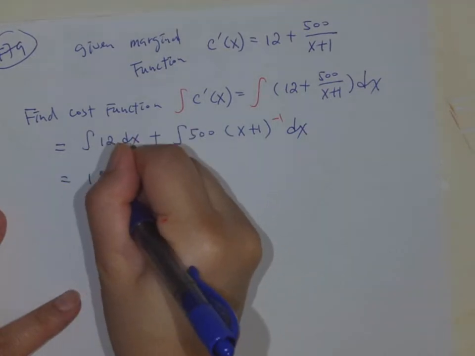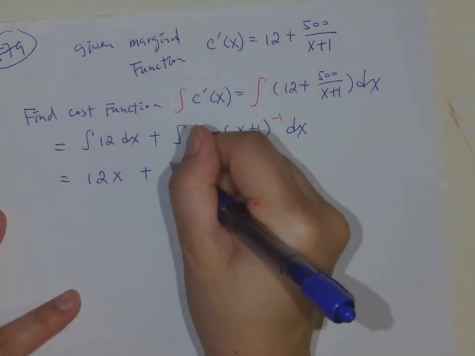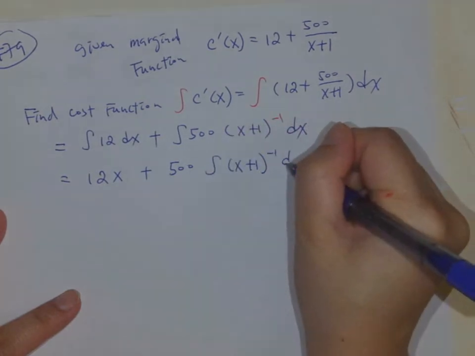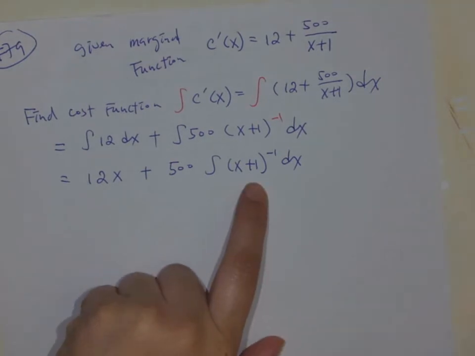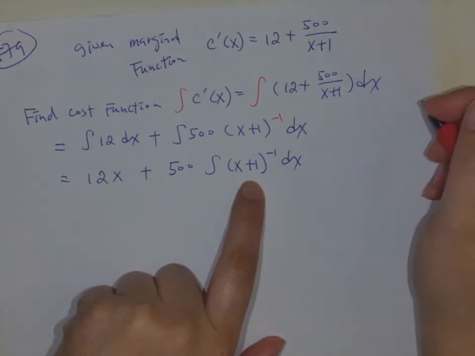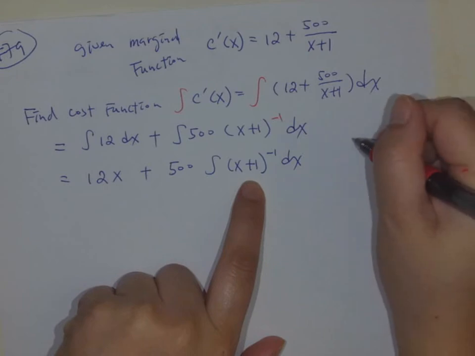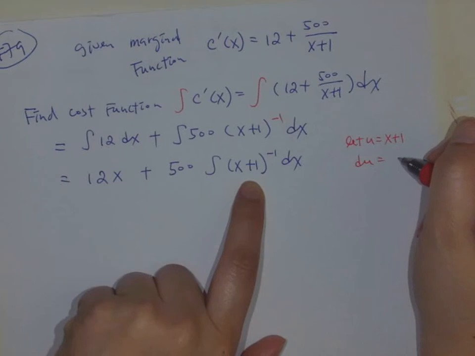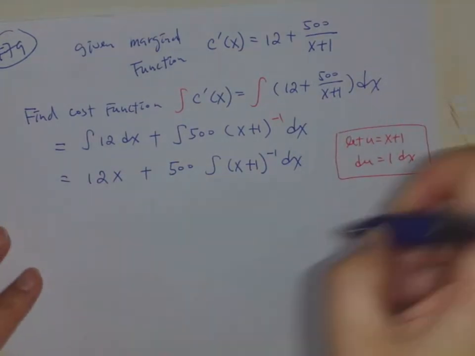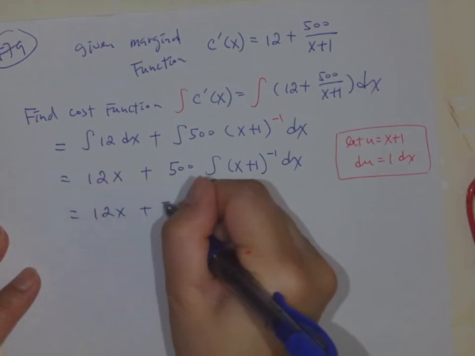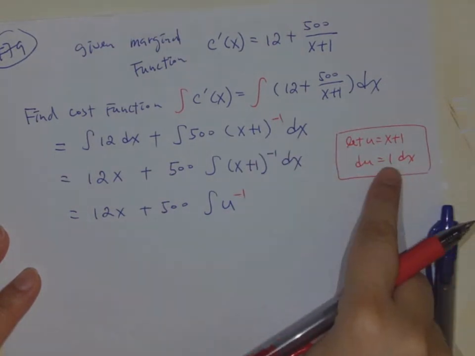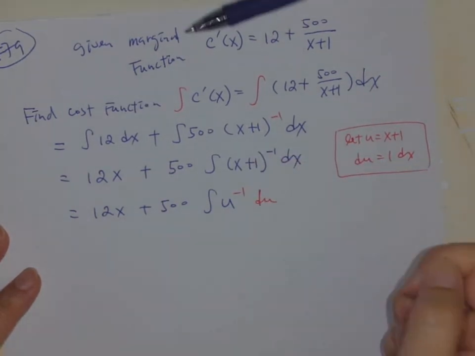So this is just 12x plus, I can pull out my 500, the integral of x plus 1 raised to negative 1 dx. This is the only one I have to be careful with. I'm going to let u equal to x plus 1, du will be just dx. So 12x plus 500, u raised to negative 1 du.